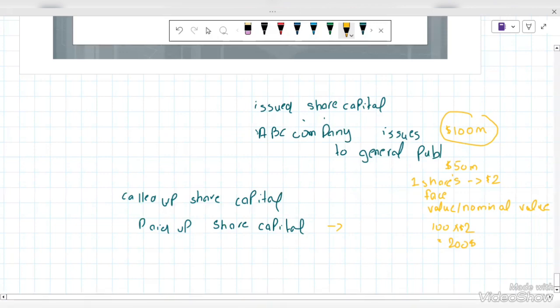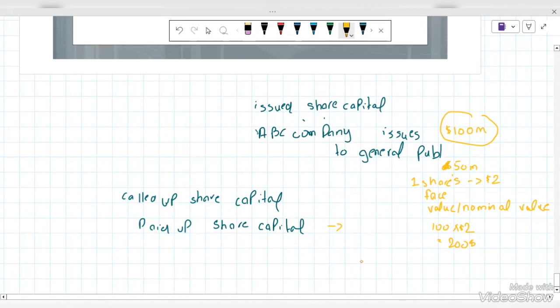So, for example, a company issues 100 million, but may only be able to sell 50 million shares to the shareholders.